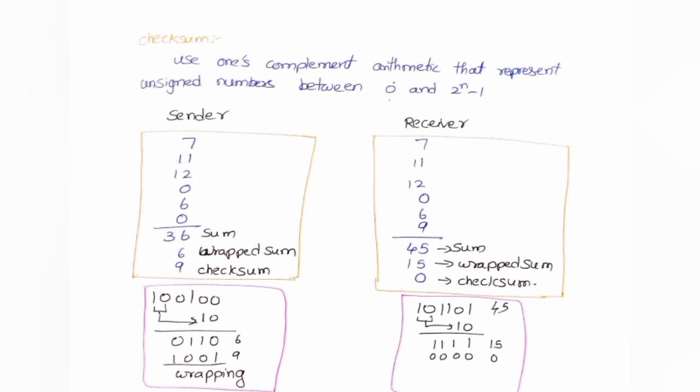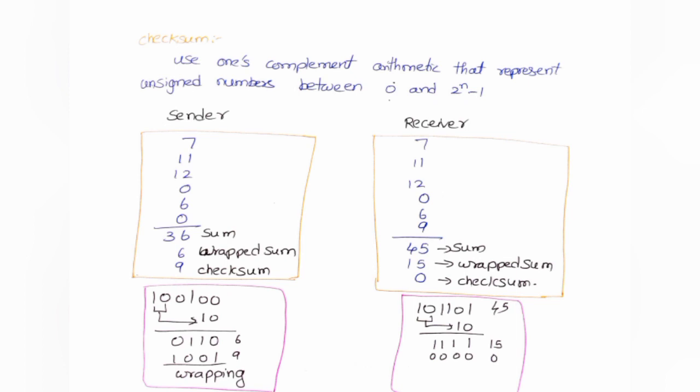Now in order to find the checksum, we are going to perform the ones complement arithmetic on the unsigned numbers. Ones complement means we are going to make 0 as 1 and 1 as 0.